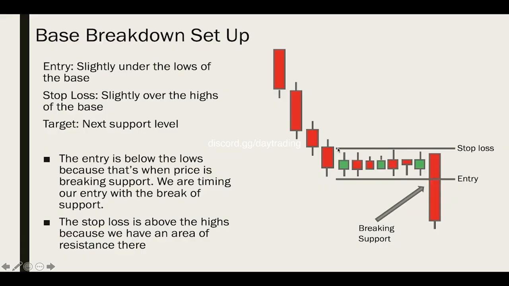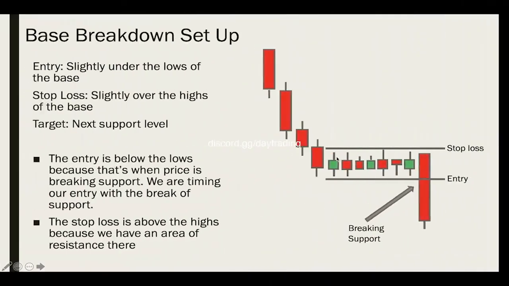And we are placing our stop loss over the highs of the base because that's where the area of resistance is. To emphasize, we're trying to enter when it's breaking that support, and that's where we enter and enjoy this move lower. So entry under the lows of the base, stop loss over the highs of the base when we have a breakdown. Very good.